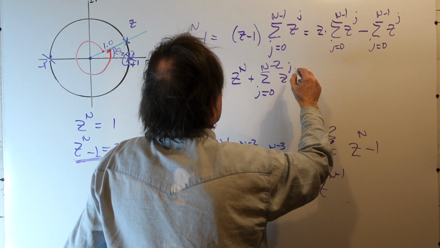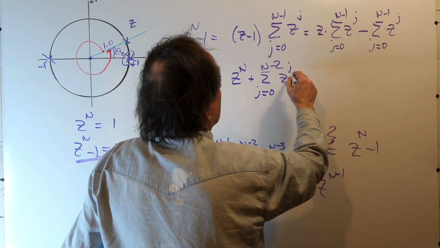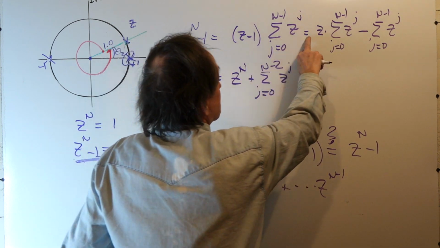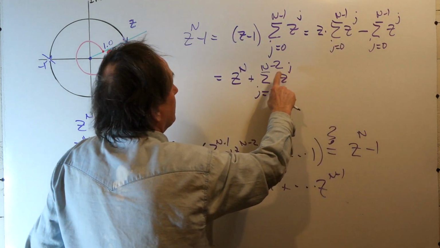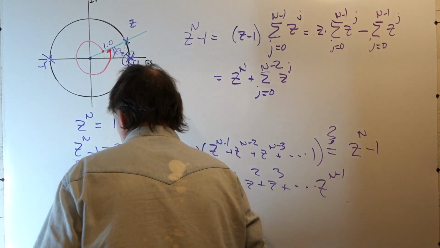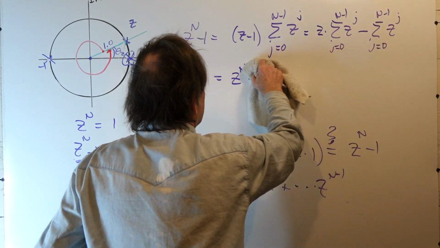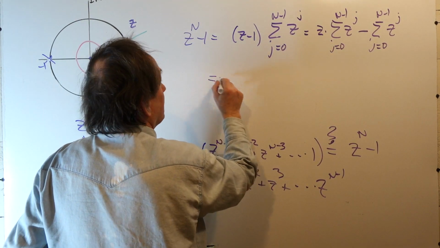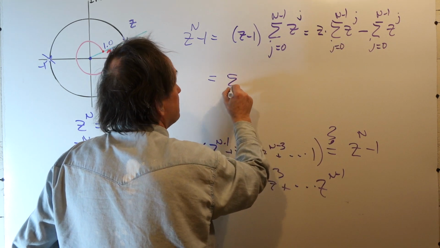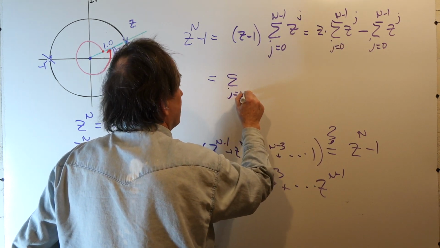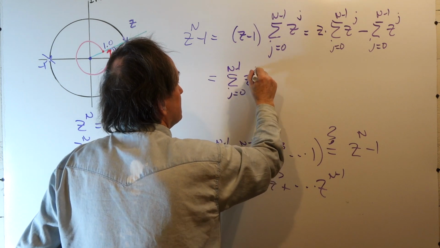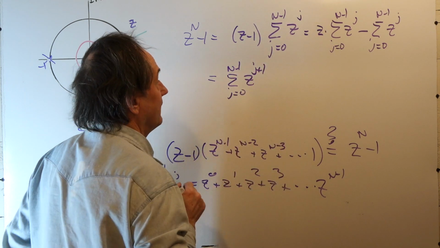Since the z is multiplying through, let me back up here so I don't confuse you. Let's multiply this out. I'm going to bring z into the summation, so we have j equals 0 to n minus 1 of z to the j plus 1.